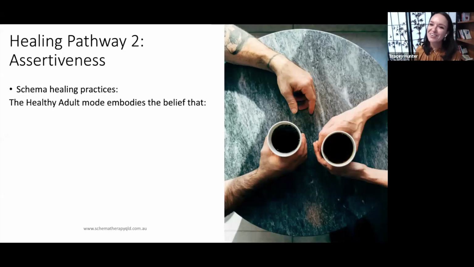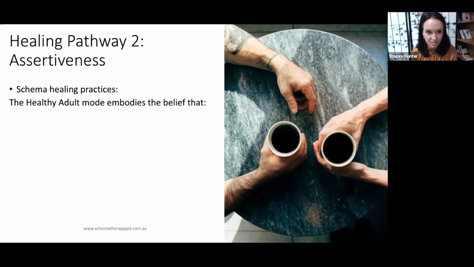All right, so let's look at some ideas for working with clients who need to deal with other people's moods, where other people's moods affect or block their happy child mode.